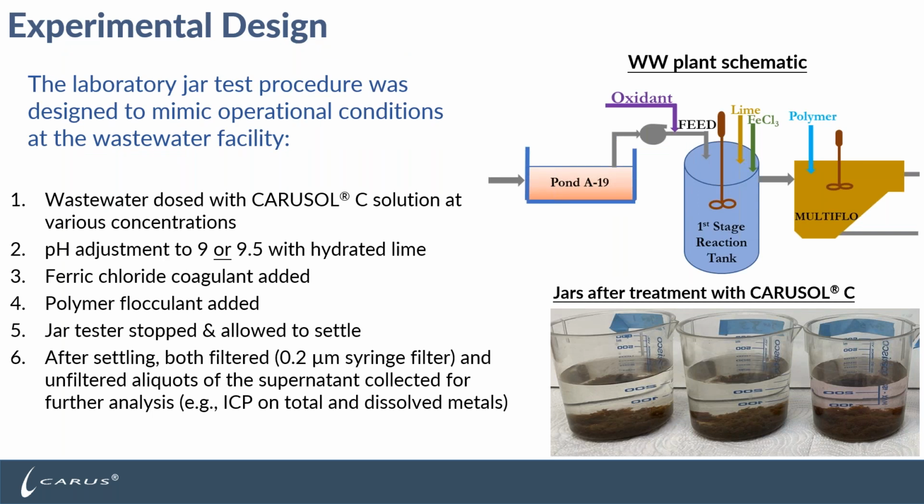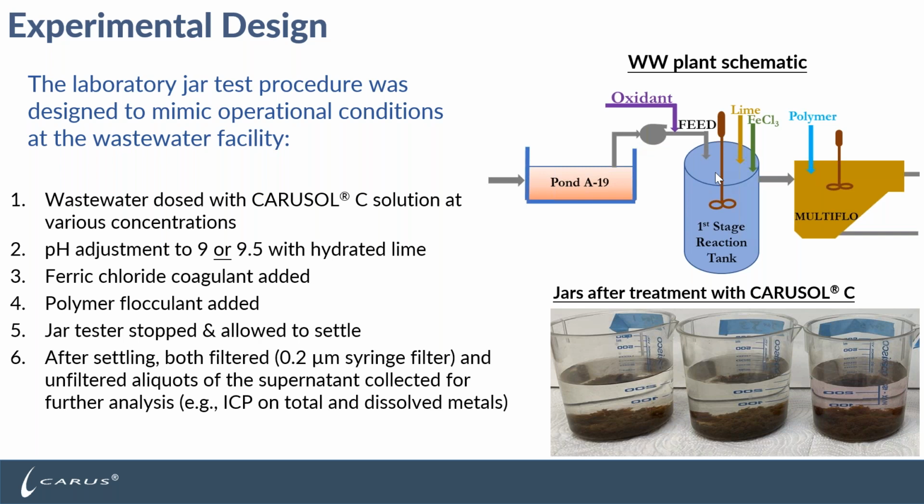The lab jar testing procedure that we used was designed to closely mimic the wastewater treatment process at the mine at the time. The basic schematic is shown here. Water from the waste pond A19 here is dosed with permanganate on its way to the reaction tank.